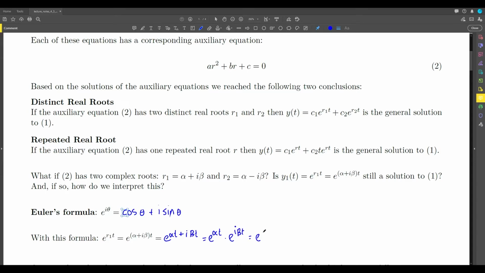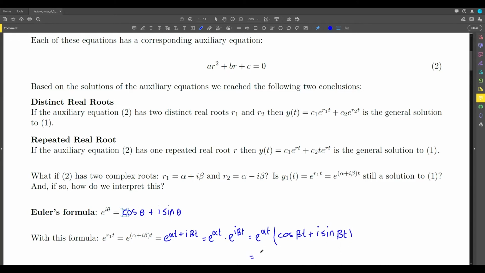So I'm going to keep that first part, e^(alpha t), but now I can rewrite e^(i beta t) with Euler's formula. I have i beta t here and I have i theta there, so beta t is going to play the role of theta. So I have cosine of beta t plus i times sine of beta t.